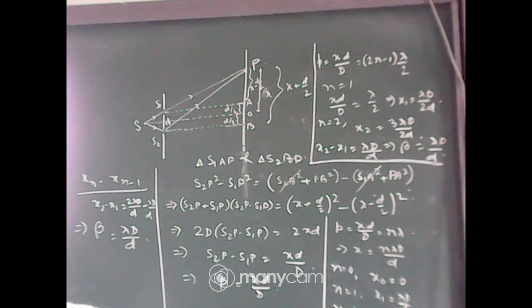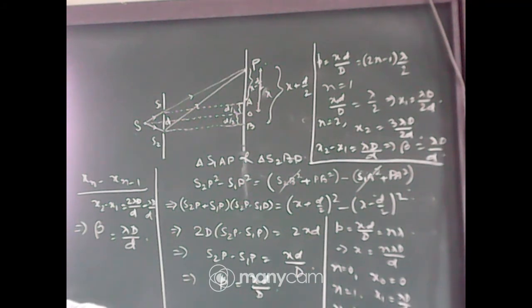As beta is independent of n, the order of fringe, all the fringes are of equal width. In the case of light, lambda is extremely small. D should be much larger than small d, so that the fringe width beta may be appreciable and hence observable.